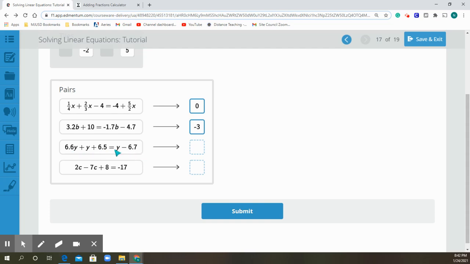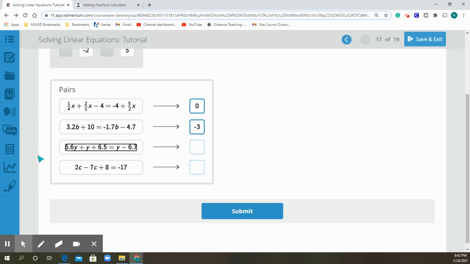I'm going to minus the y from here and add it over here. So that should leave me with 6.6y. So when I subtract this y from this y, I'm left with 6.6y equals negative 13.2.